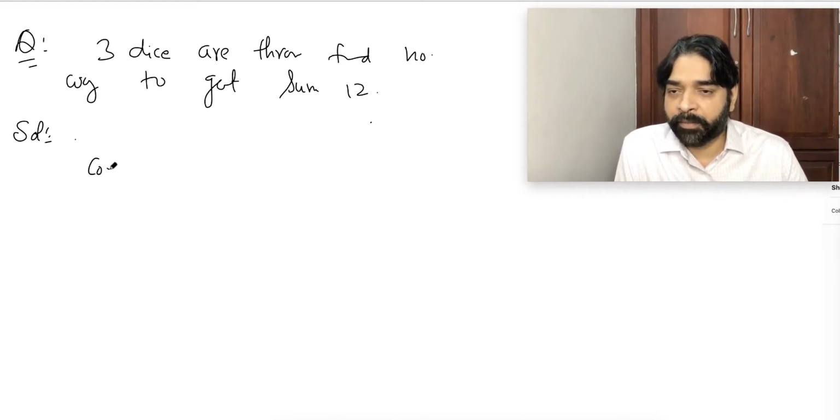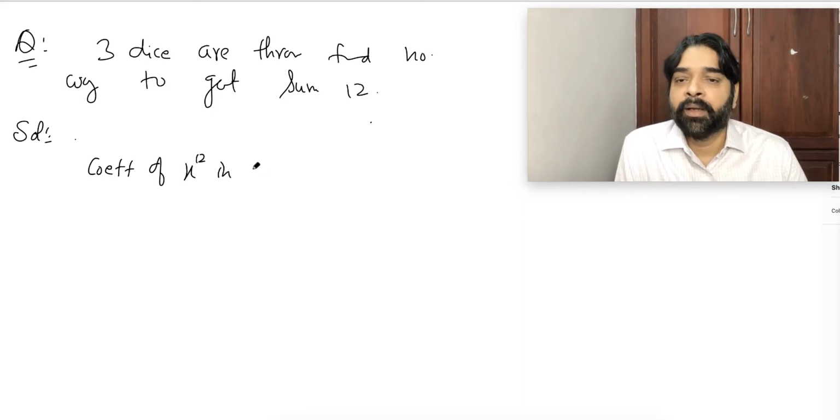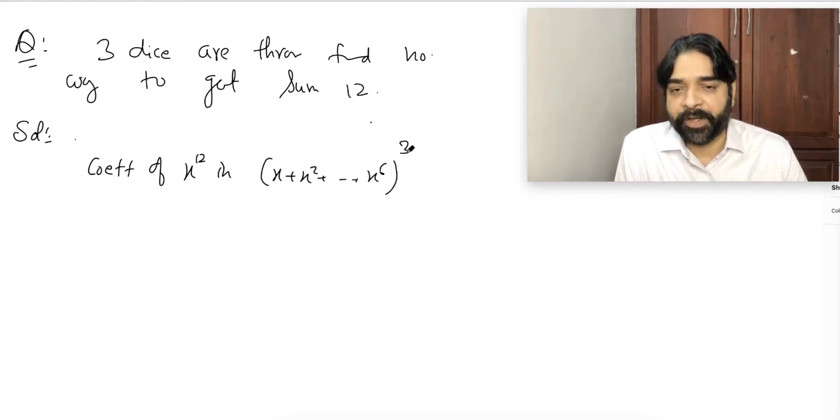Same thing. The only thing we have to do is, in place of 15 last time, we are doing 12. Coefficient of x power 12 in x plus x square and so on up to x power 6, whole power 3.